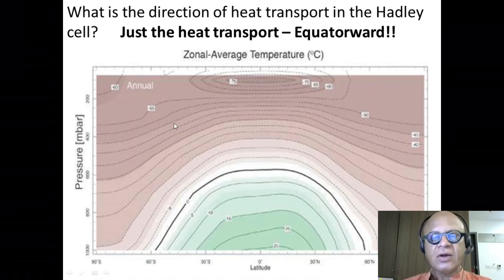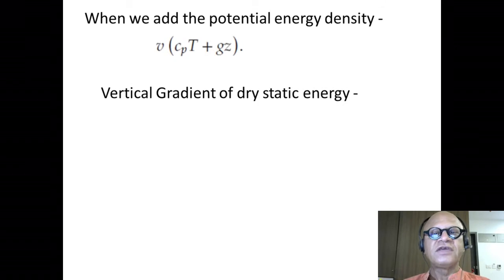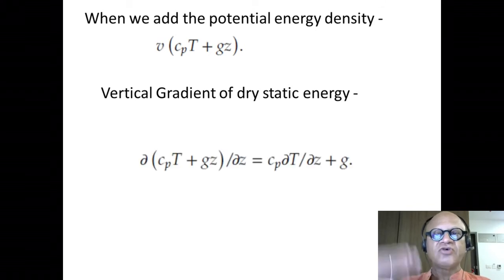Okay, then what terms are doing the work? So remembering our expression of the dry static energy, meridional transport is obviously multiplied by V. We are just looking at the net transport by the Hadley cell in the meridional, still not accounting for any longitudinal variations in the flow.